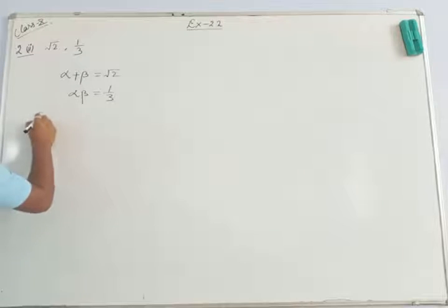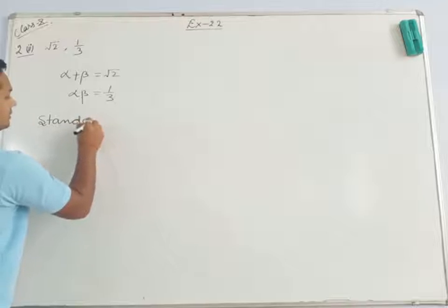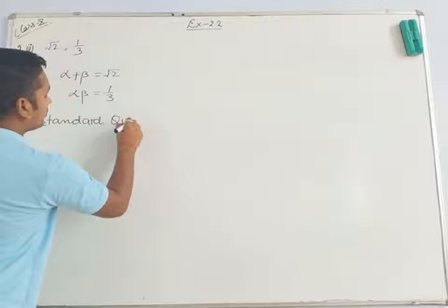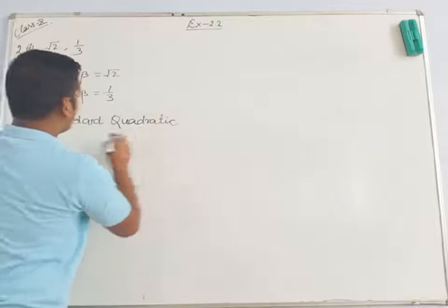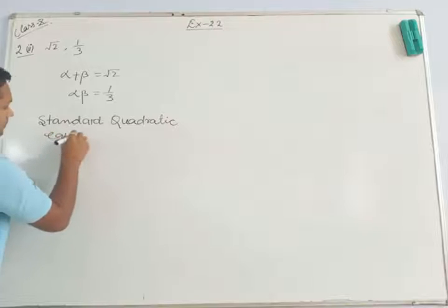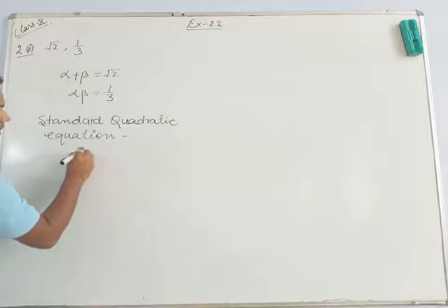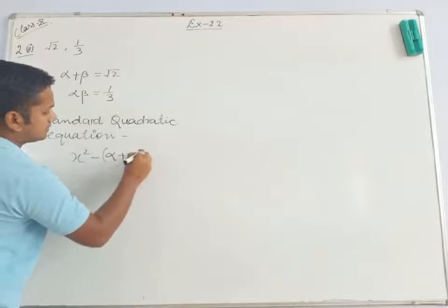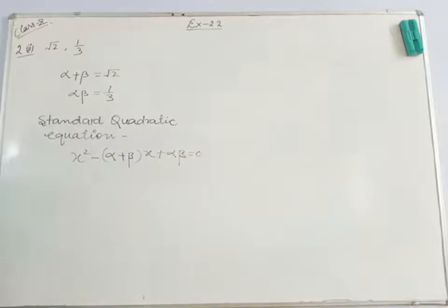Now what is our standard quadratic equation? Standard quadratic equation: x square minus alpha plus beta x plus alpha beta equals to 0.